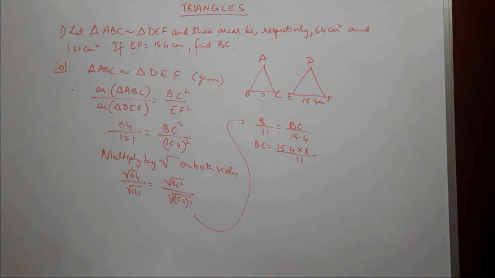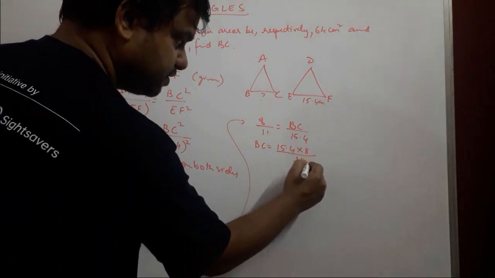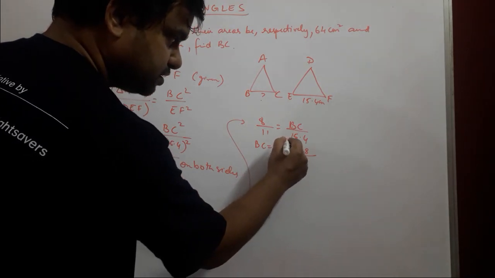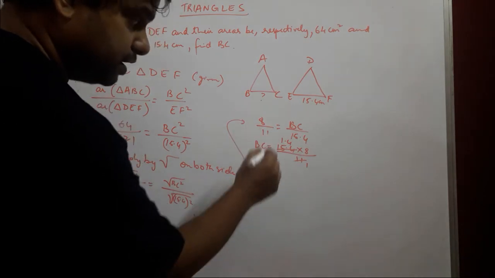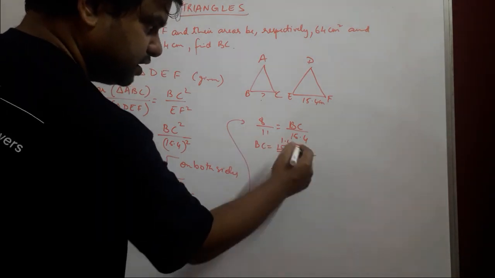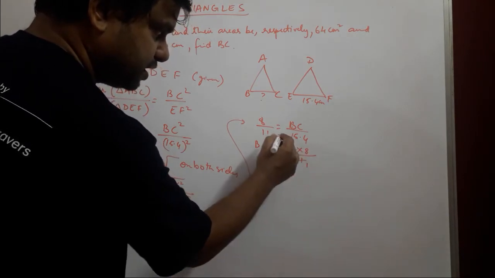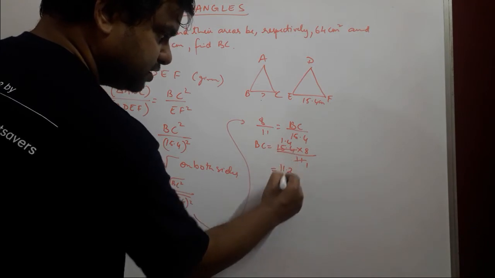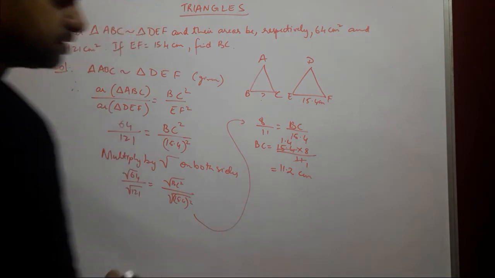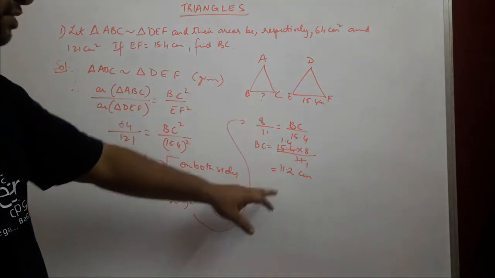We can divide 15.4 by 11: 11 ones are 11, carry 4, 11 fours are 44, which gives us 1.4. So this is 1.4 into 8. If we multiply, 8 fours are 32, carry 3, 8 ones are 8, plus 3 is 11.2 centimeters. That is BC. So we find the value of BC this way.